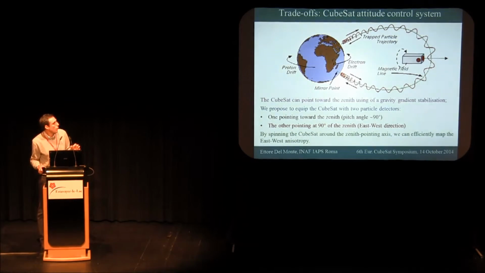We can put one of these monitors in the zenith direction and the other one at 90 degrees. By spinning the satellite, we can map the east-west anisotropy of particles. Of course, we are relying on the fact that near the equator, the pitch angle is around 90 degrees, so the particles will come in approximately from the zenith.